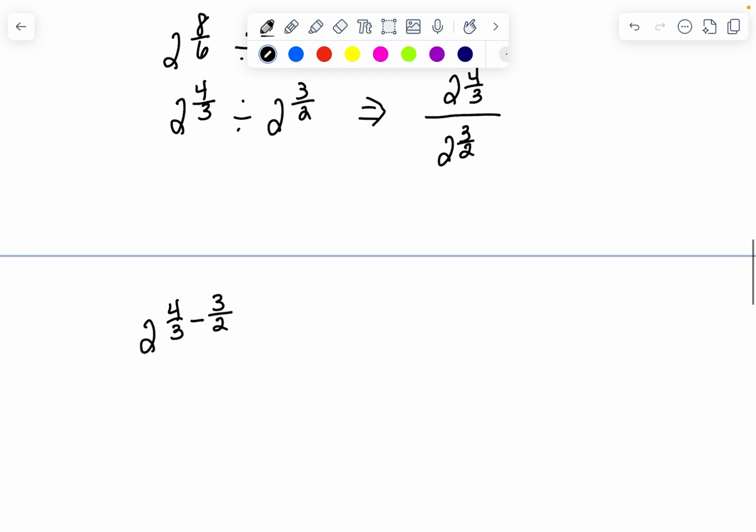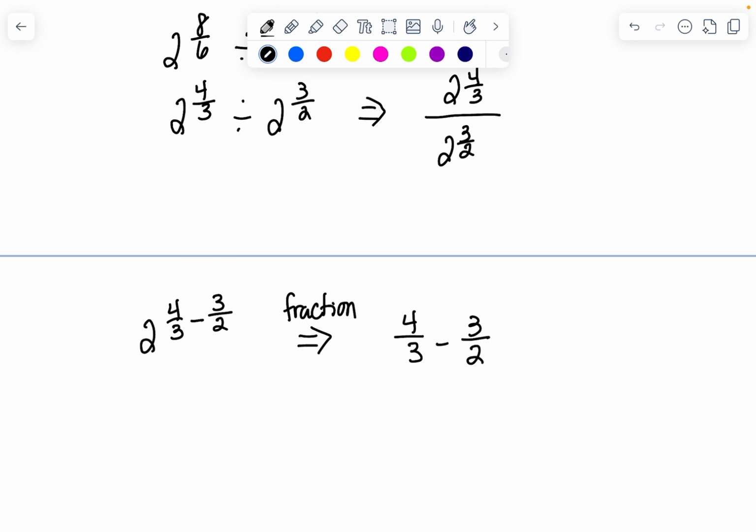Now this uses my fraction math, and I cannot subtract without having a common denominator. So I'm going to multiply the first fraction by 2 and the second fraction by 3. Let's just look at the fraction part, not the exponential part. So 4 over 3 minus 3 over 2.